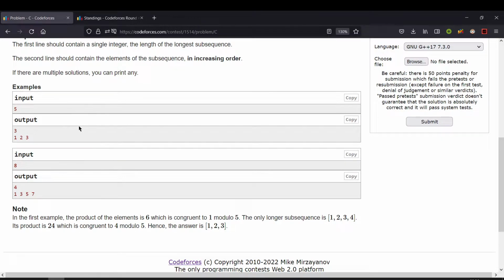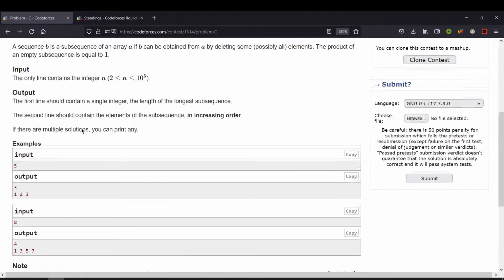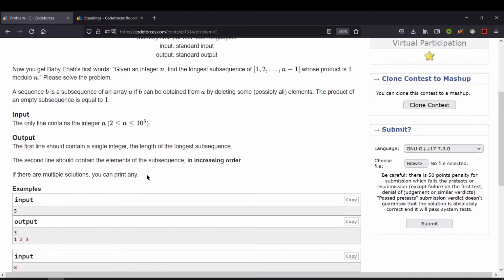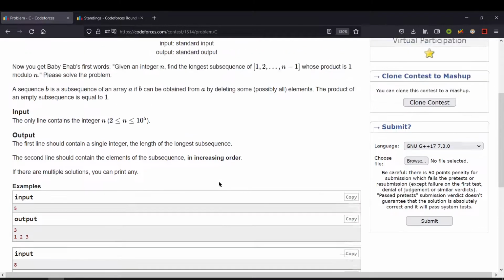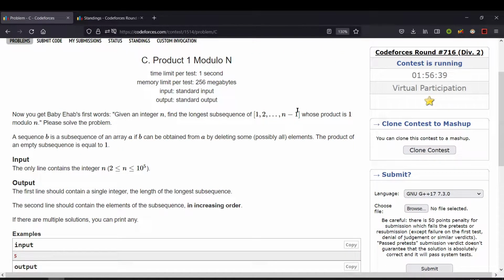Product modulo n. What can we do with this? Okay, for 8, they are selecting 1, 3, 5, 7. Product modulo 8. If you take any number from 1 till n minus 1 and take the modulo by n, it will just be the same number because all the numbers are less than that.